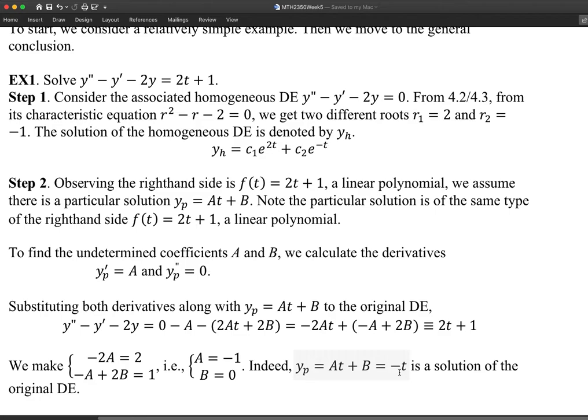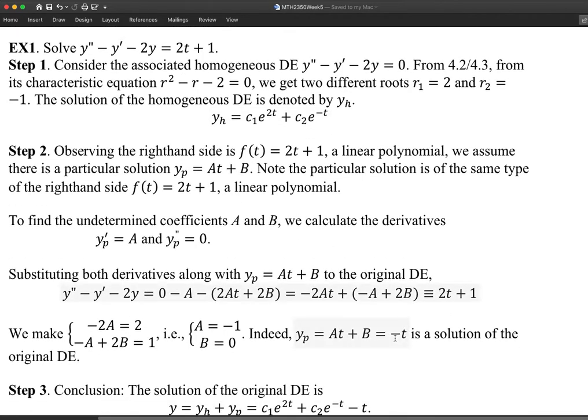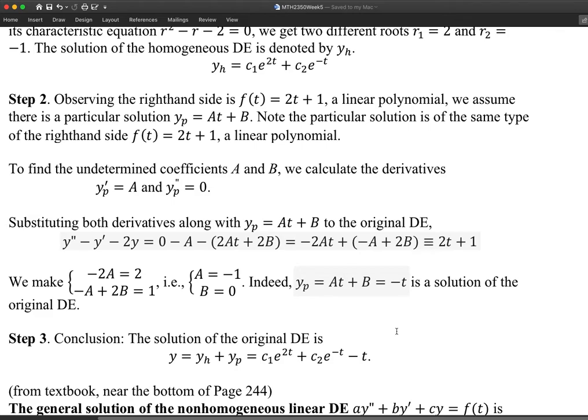Okay. And now if you followed me closely, I said in step 1, we got part of the actual solution. It is denoted as y sub h, the homogeneous solution. And in step 2, we got a particular solution. And then step 3 is a rather easy thing.